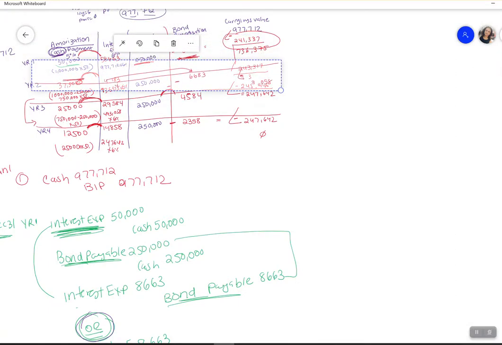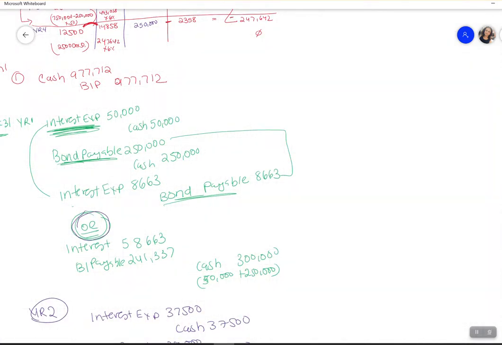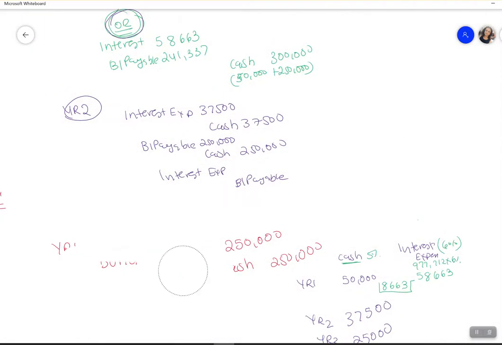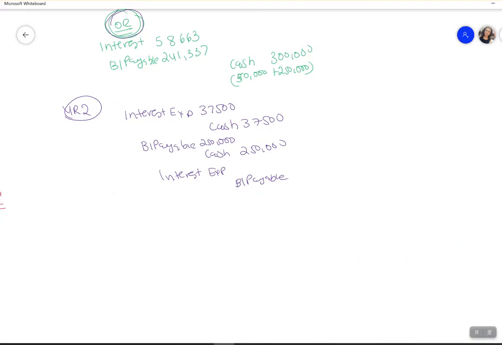Yeah, my next one was 6,683. So in this case, my bond payable was 6,683. Now, you can combine all these three entries into one entry. So that's for year two.